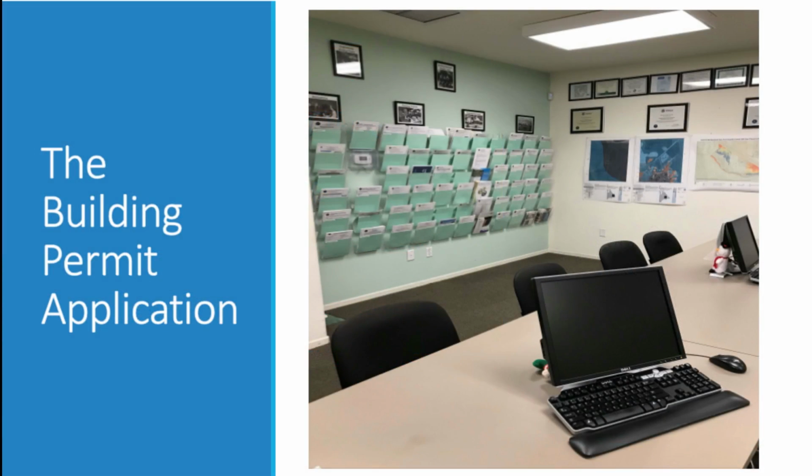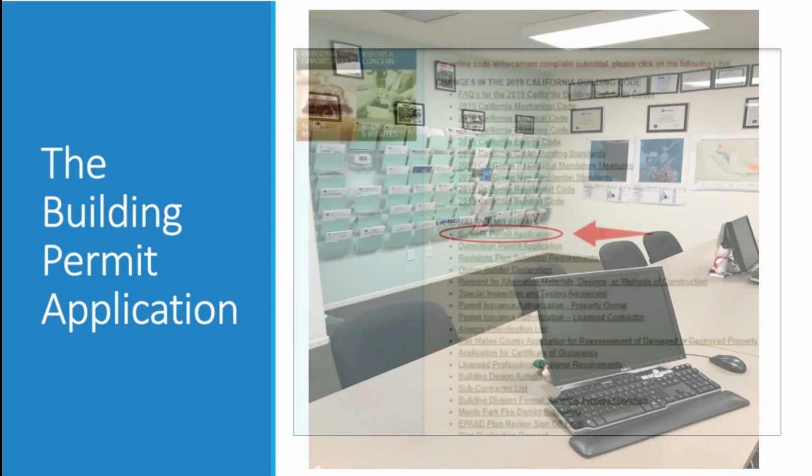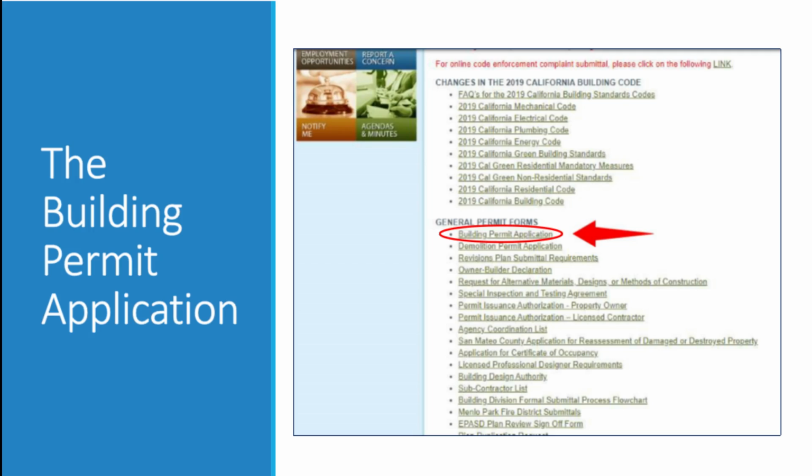Building departments normally have numerous helpful forms and handouts in their permit center, as depicted here. Here is an example of the building permit application we accessed through the building department's website. Note, however, that many building departments have interactive applications that allow you to complete and submit online.